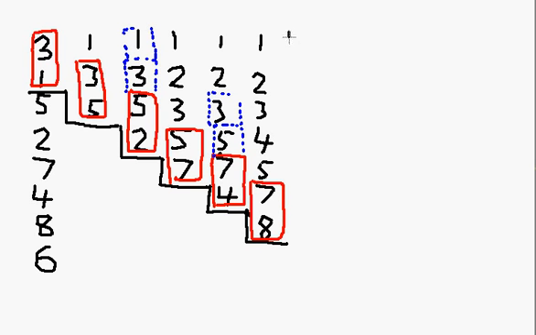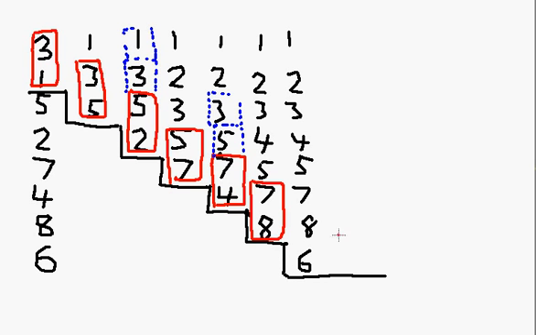So I've now got 1, 2, 3, 4, 5, 7, 8, and 6. Drop down to include the 6, the last number in the list. Okay, compare the 8 and the 6.